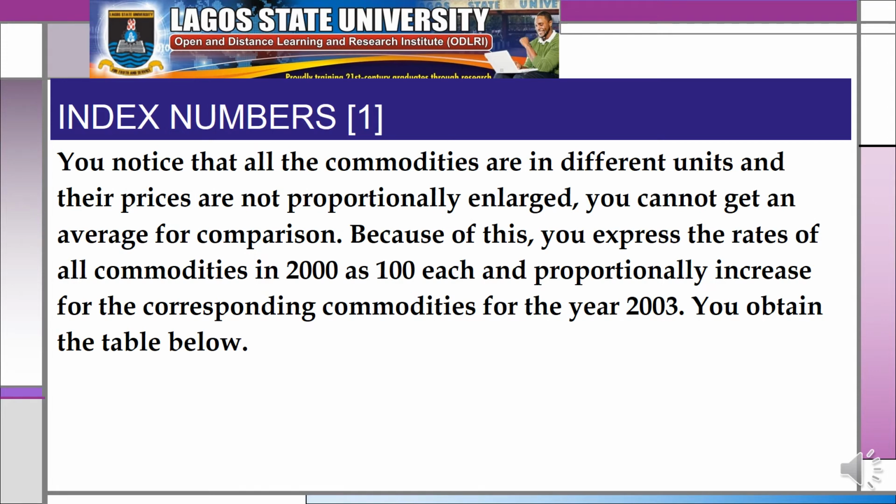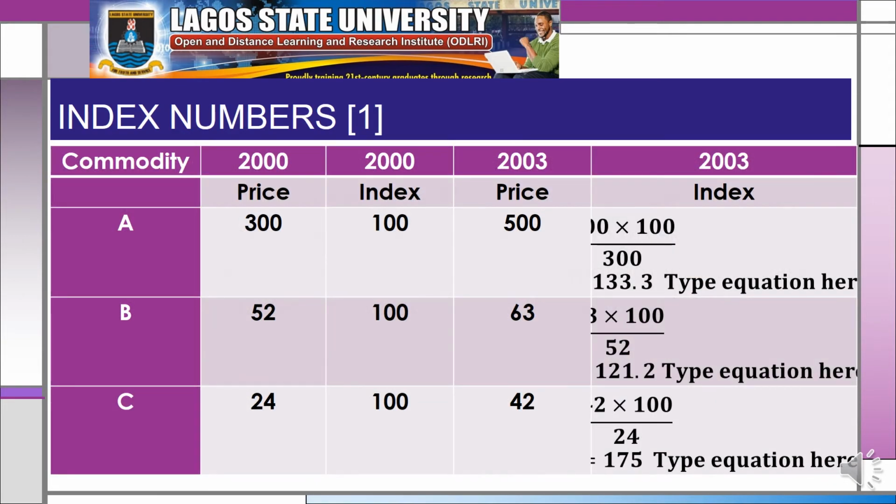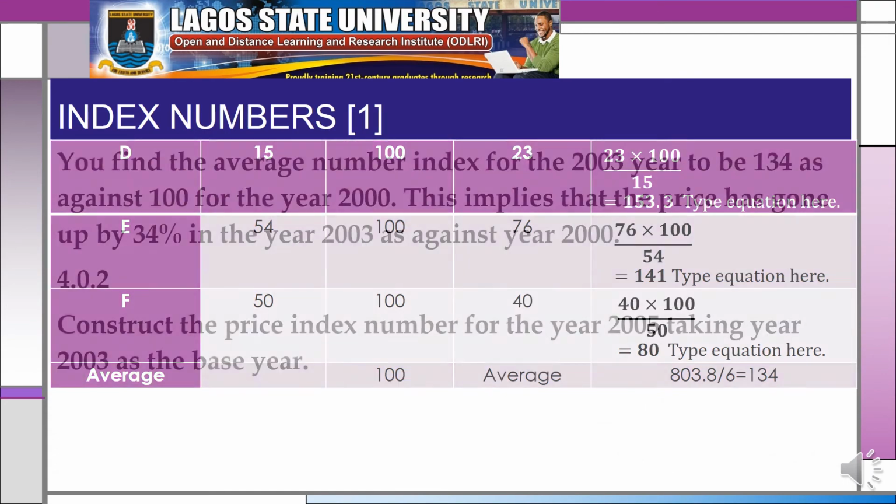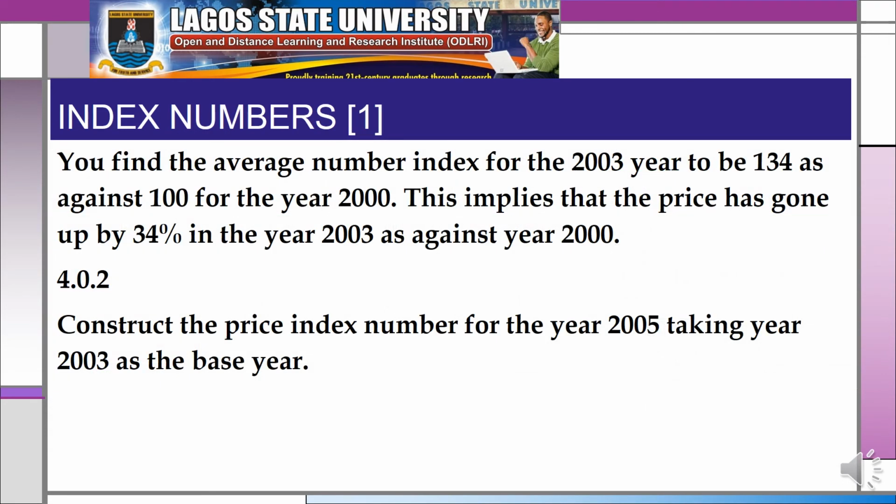You obtain the following table below. You find the average index number for 2003 to be 134 as against 100 for the year 2000. This implies that the price has gone up by 34% as against the year 2000.